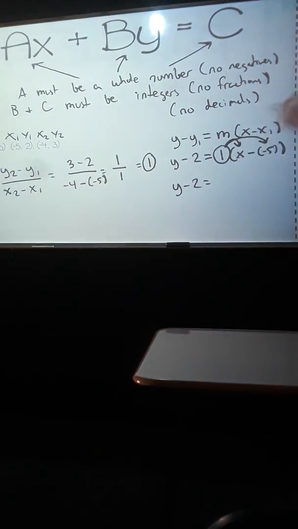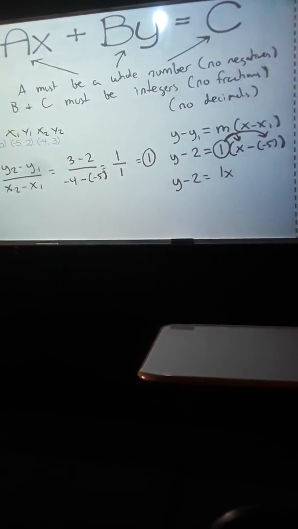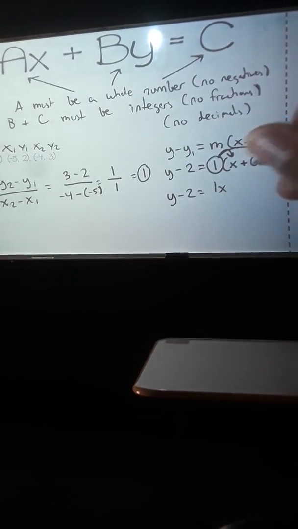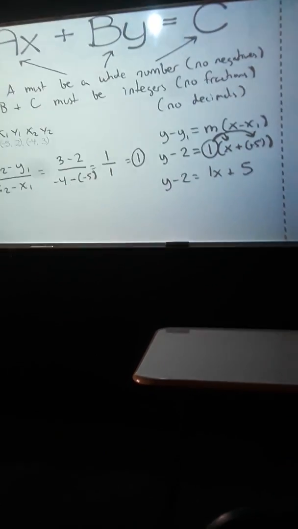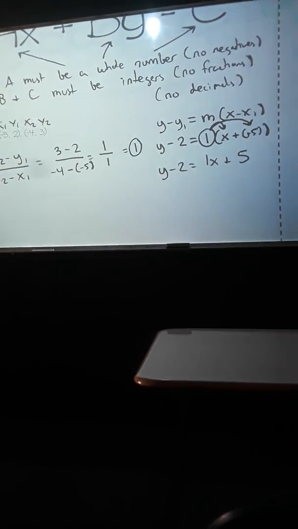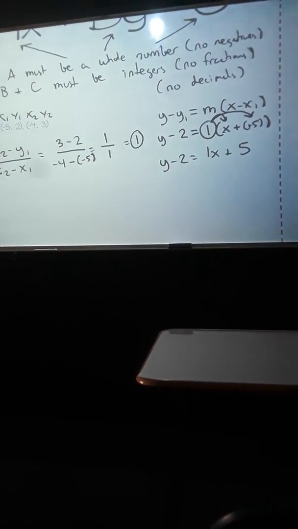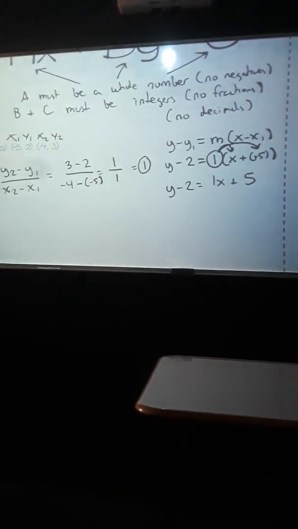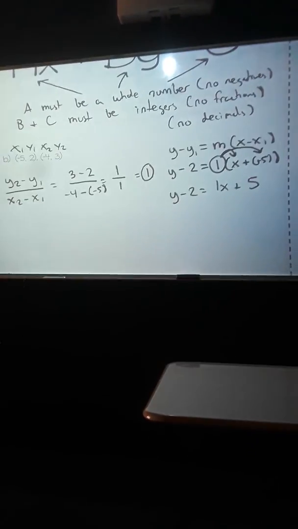Okay? So we have y minus 2 is equal to 1 times x, which is 1x or x. And we have 1 times negative negative 5, which is positive 5. So 1 times 5 is positive 5. Now, after you distribute, you have to get your y by itself.